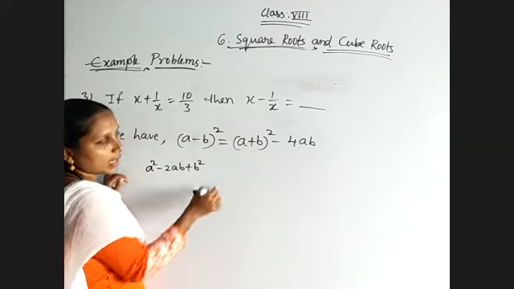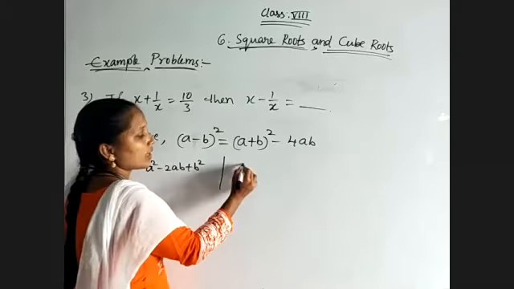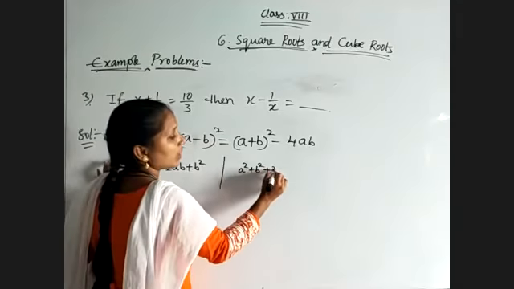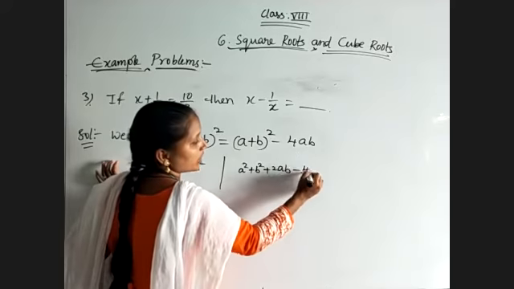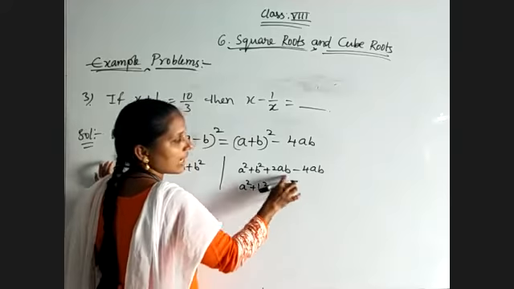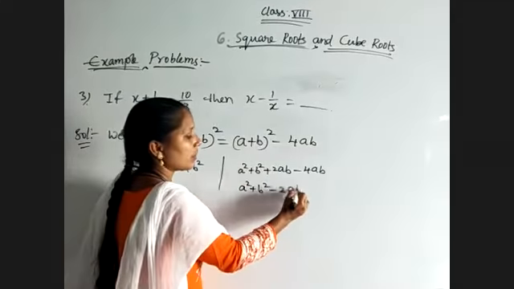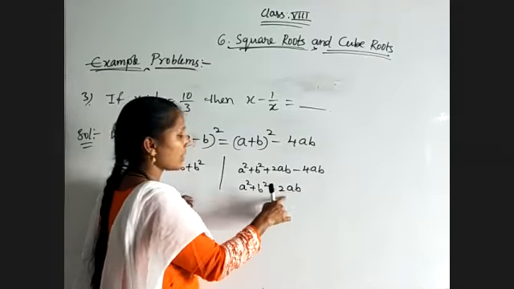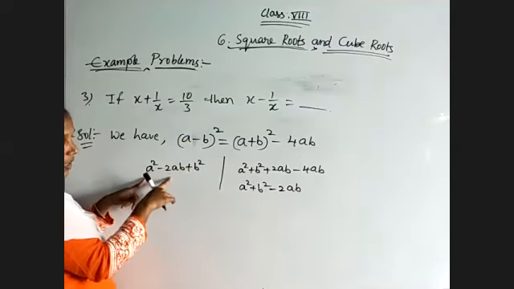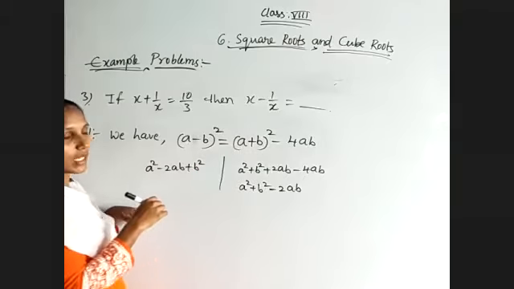And coming to a plus b whole square, the right side is a square plus b square plus 2ab, and here minus 4ab. These two are like terms. 2 minus 4 is nothing but minus 2ab. And a square plus b square minus 2ab is nothing but a minus b whole square only. That's why both are equal.